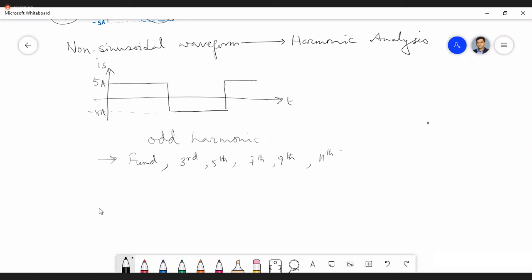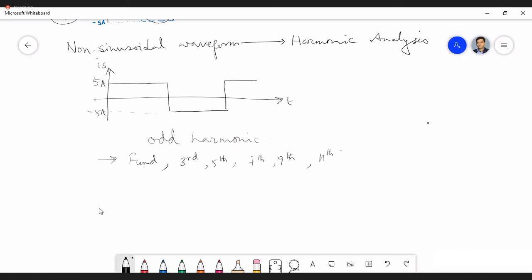Okay, so if it is so, then we can expect that there will be lots of harmonics present in the source current. That means as a consumer, we are basically injecting the harmonics into the source current, because here the utility is not coming to inject the harmonics in the source current.